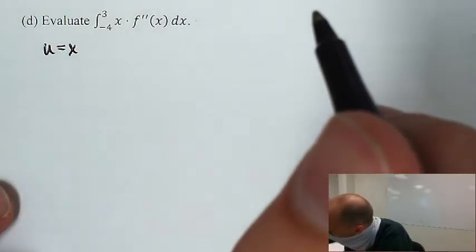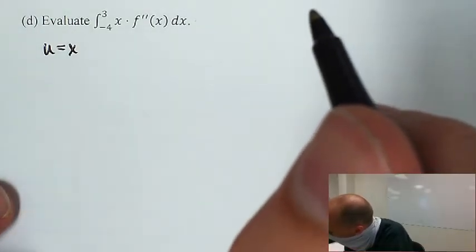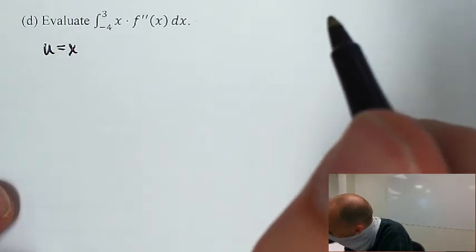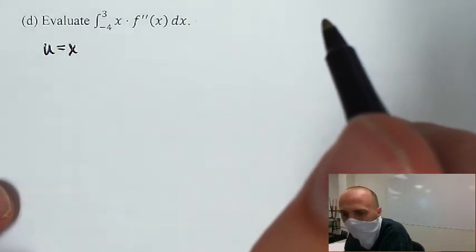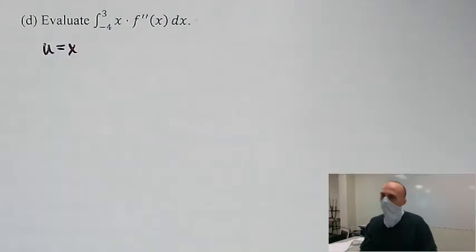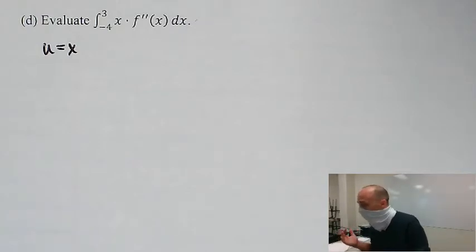Wait a minute. f double prime. Wait, shouldn't this be 0? Hold on, I'm going to pause this real quick. All right, this is going to require more thought, but just looking at the graph of f, f is piecewise linear, meaning f double prime should be constantly 0 anywhere where it's well defined.